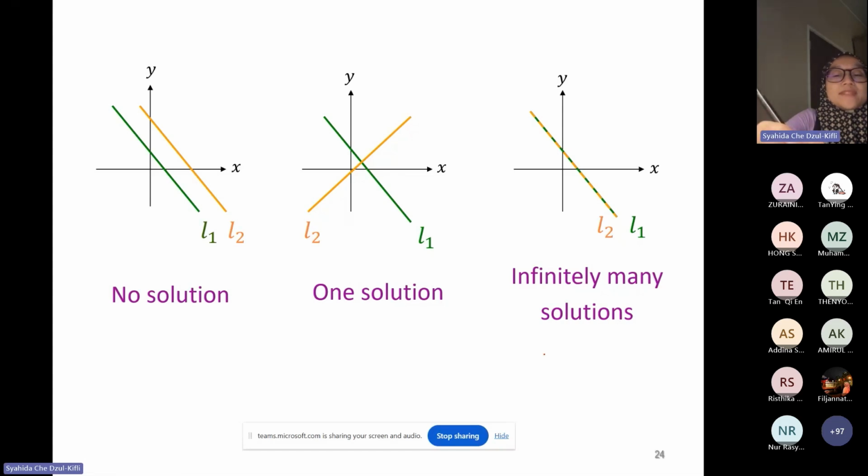For example, x plus y equal to 2 and 2x plus 2y equal to 4. These two linear equations lie on the same line, so there are infinitely many intersection points, so it has infinitely many solutions.